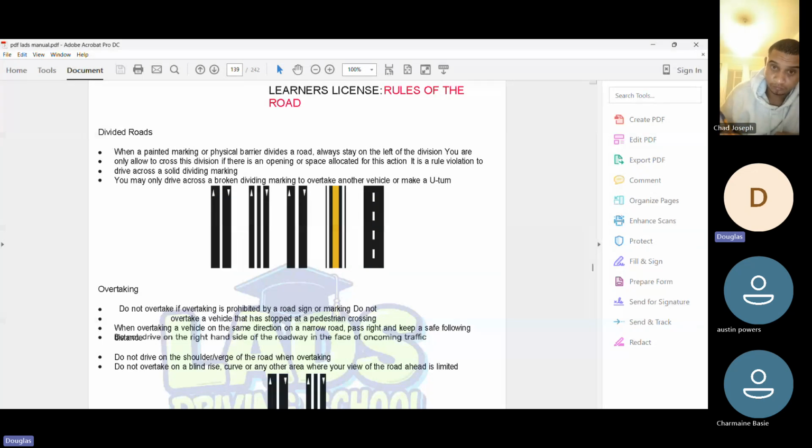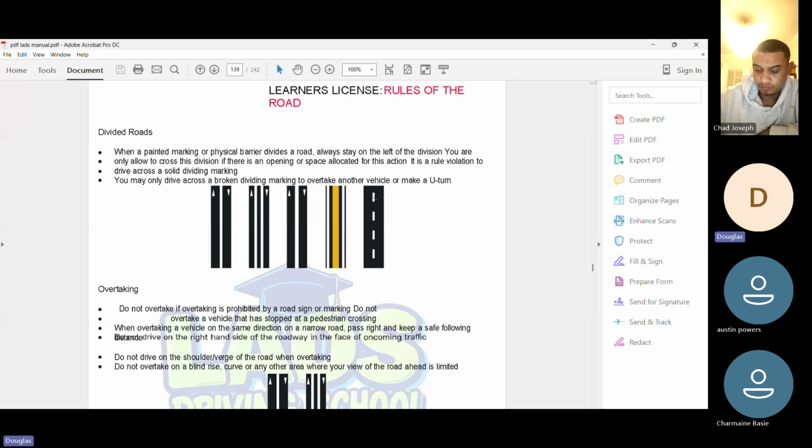So a broken line is basically telling you that you are allowed to overtake in this area. You are allowed to drive from this side and turn to the other side. You are allowed to do a U-turn on this road. So the moment you see a broken line, you know that most rules you are allowed to break.